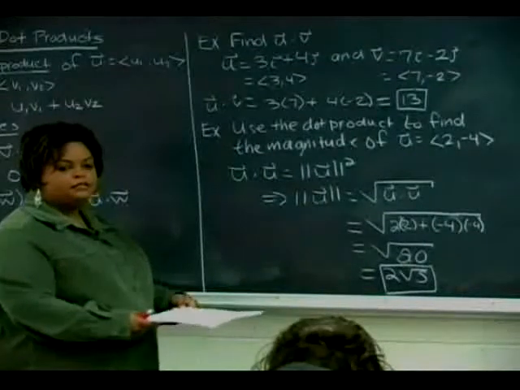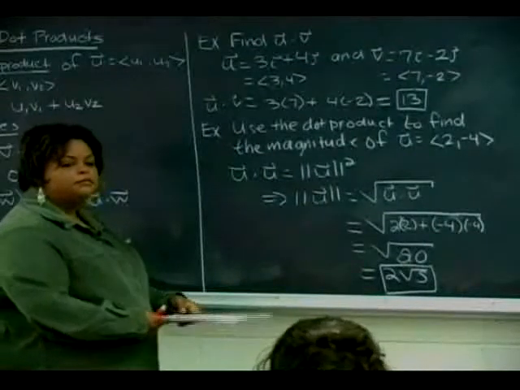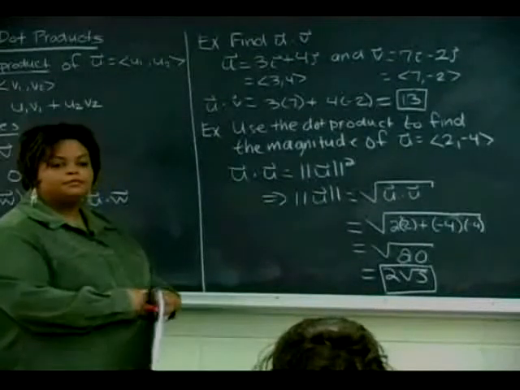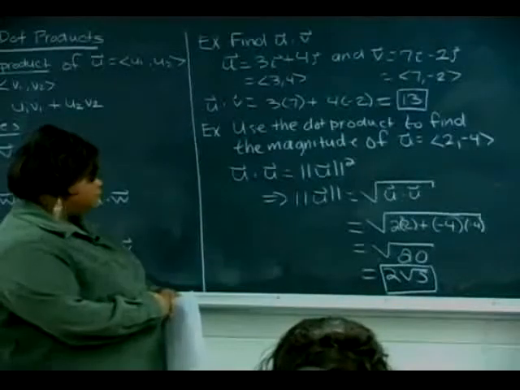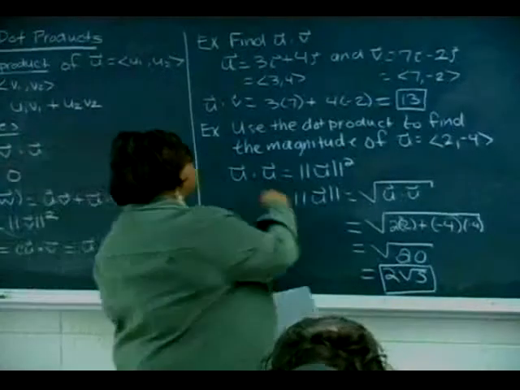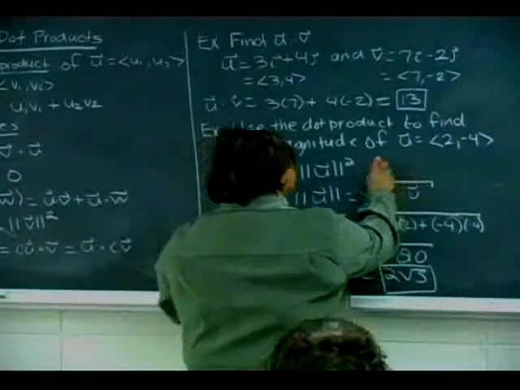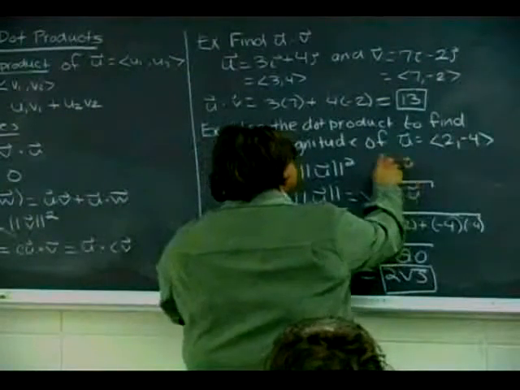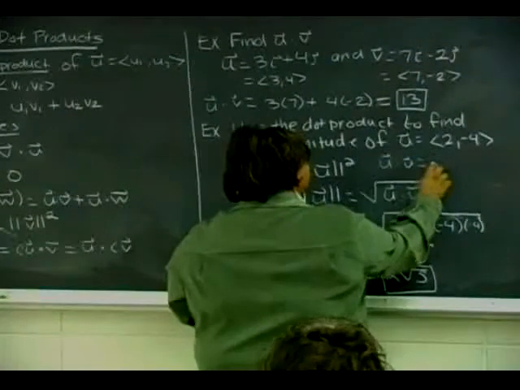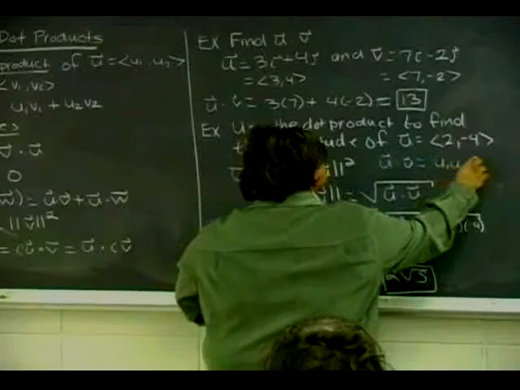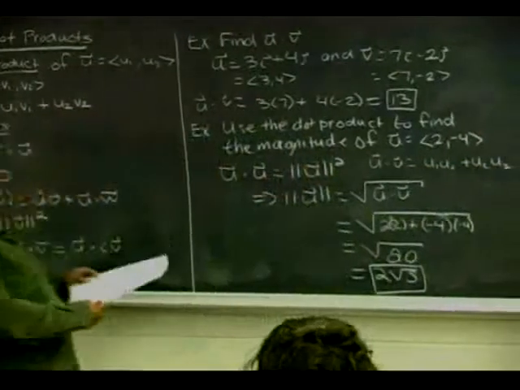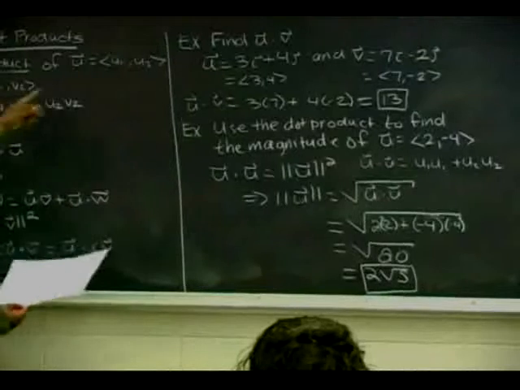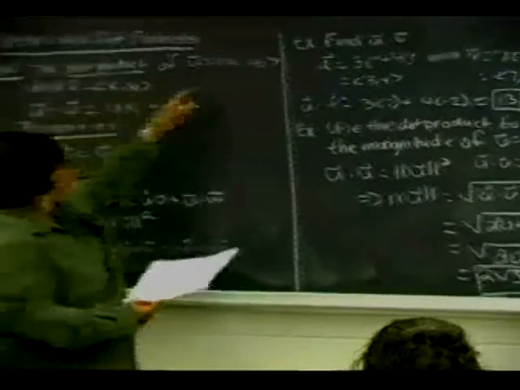Okay, because we're doing u dot u, u dot u will be u1 times u1 plus u2 times u2, right? u dot v is u1 times v1 plus u2 times v2.